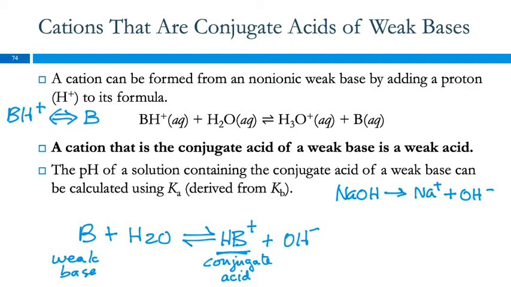Would you have to know Kw? You always know what Kw is. Oh, yeah, you're right. Just had that conversation. I'm going to write it on the board. Kw is 1 times 10 to the minus 14, which happens to equal the hydroxide and hydronium ion concentrations multiplied.